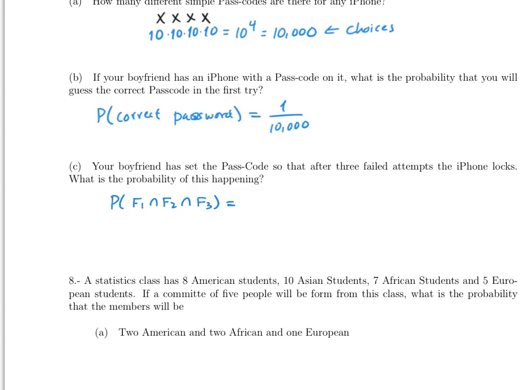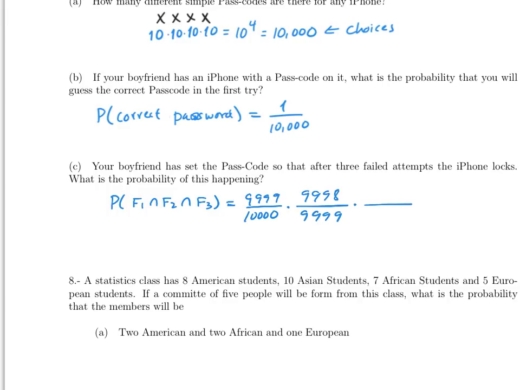The probability you'll fail the first time is 9999 over 10,000. If you fail once, now you're not going to use the same password, so you have this many left. The probability you're going to fail is 9998.